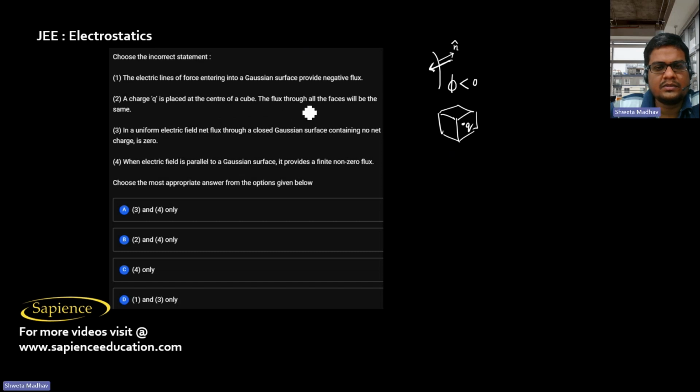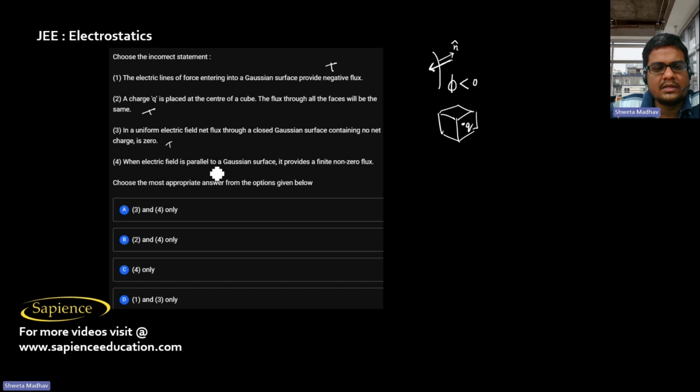Yes, it is true. And the first one is also true. In a uniform electric field, net flux through a closed Gaussian surface containing no net charge is zero. Yes, that is also true.